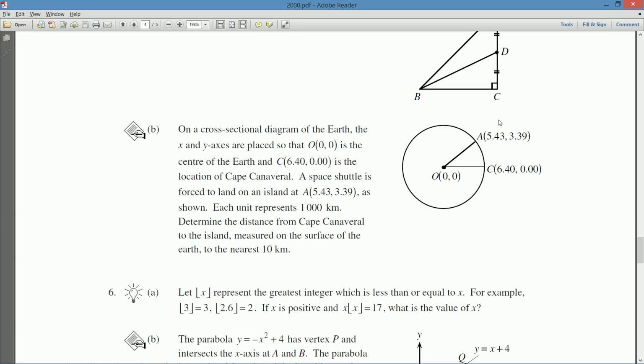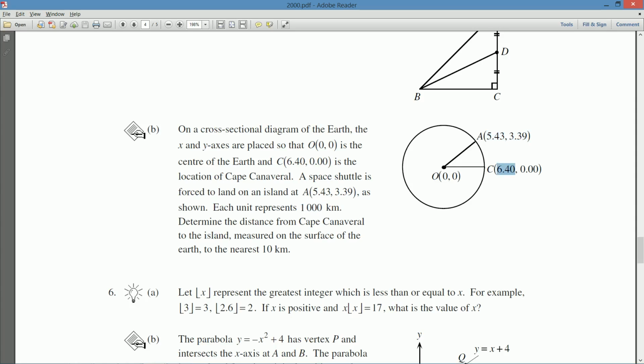A space shuttle is forced to land on an island at point A, which is at 543 and 3.39. Each unit represents 1,000 kilometers. Okay? So really this point here, we're saying it's 6,000 kilometers from the center of the Earth.